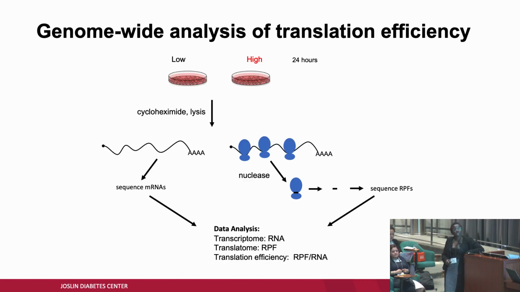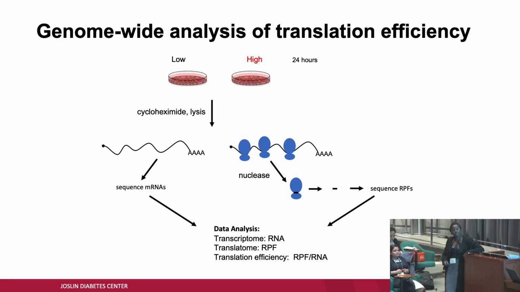So I then used ribosome profiling to look at genome-wide translation efficiency. In this method, I use cycloheximide to essentially freeze the ribosomes on the mRNA and then generate 2 libraries. One is an RNA-seq library that just gives me a snapshot of the abundance of the mRNA.